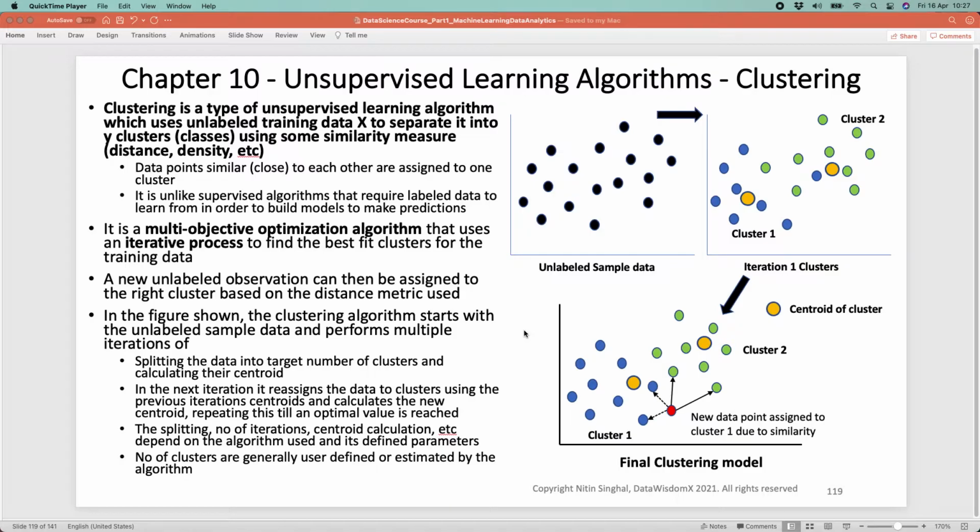You just get sample data and you don't know what the category is or what the predicted output value is. In those scenarios, your algorithm should be such that it can learn from the patterns in the data and then try and categorize it.